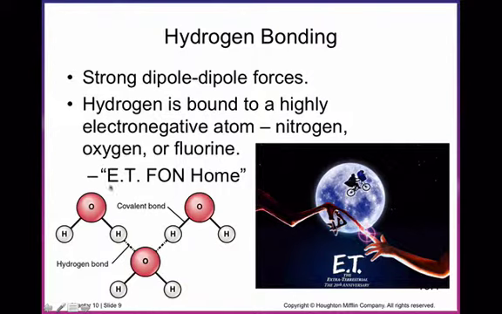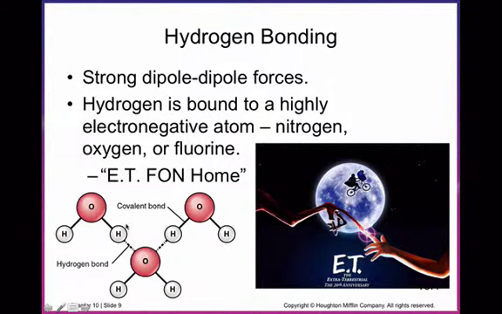I don't know if anybody has seen the movie E.T., and then phone home, so fluorine, oxygen, and nitrogen. You have to have those elements bonded to a hydrogen in order to have hydrogen bonding. So here's your example. The covalent bonds are your intramolecular bonds holding the hydrogens to the oxygen, but the dotted line here represents the hydrogen bond that's existing between the hydrogen and the oxygen.